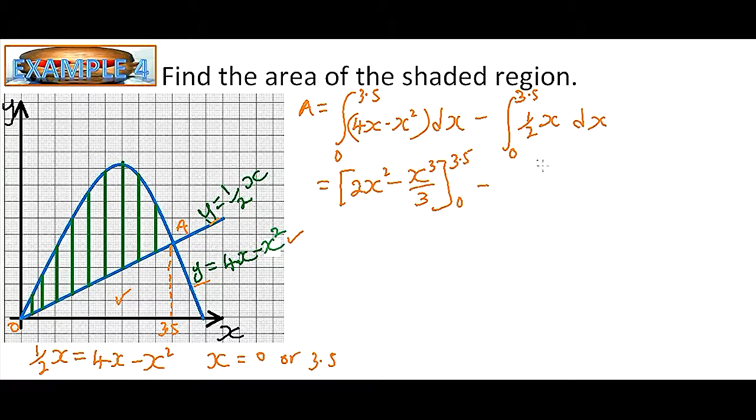We minus, when you integrate a half x, you get x squared divided by 4, and the limits are 0 to 3.5.